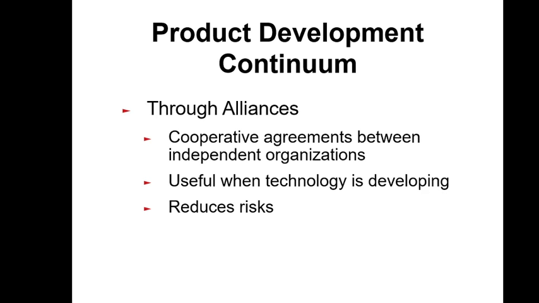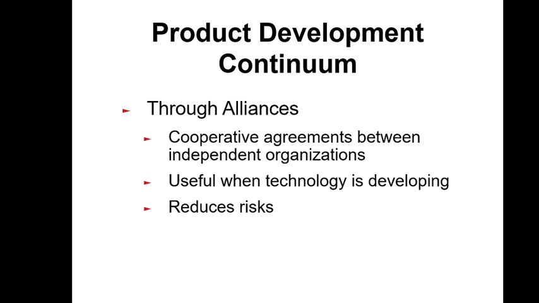Also, the third external development strategy, I think, is to do it through alliances. Alliances means, for example, to have a long-term partnership with your suppliers.